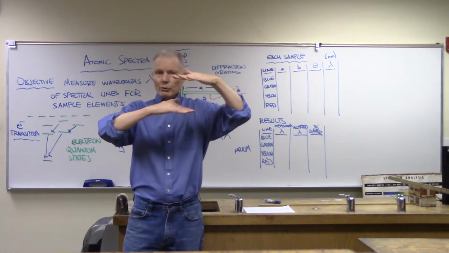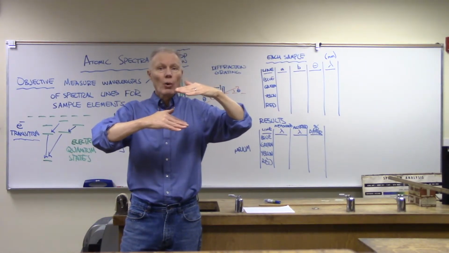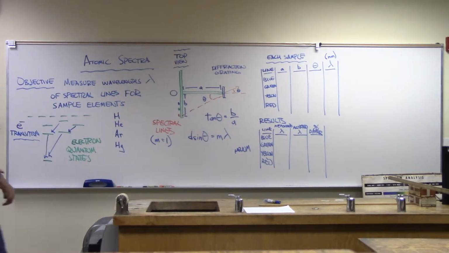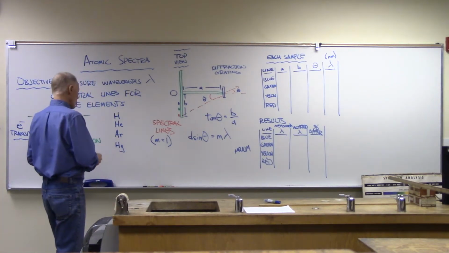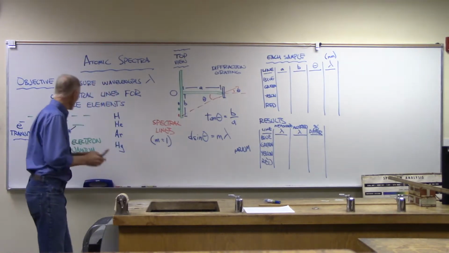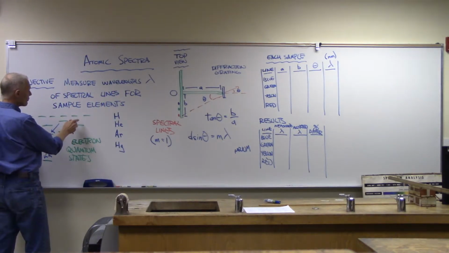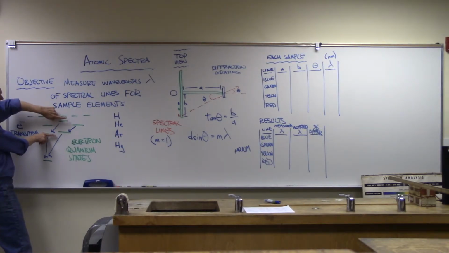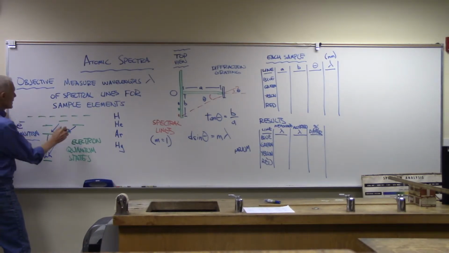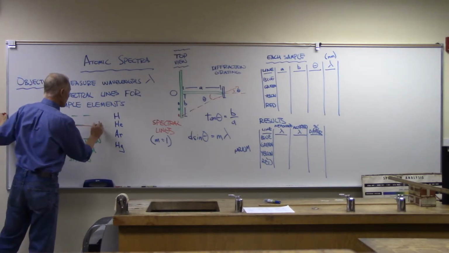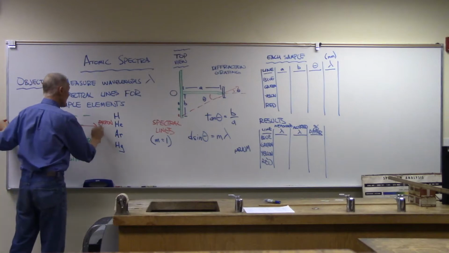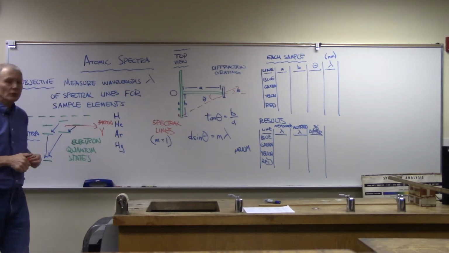Whatever the energy separation is between those two quantum states is going to determine the energy of the photons being generated. Let's say we're going from this quantum state to this quantum state. There's a definite difference in energy, and that energy will show up as a photon being created during that transition.